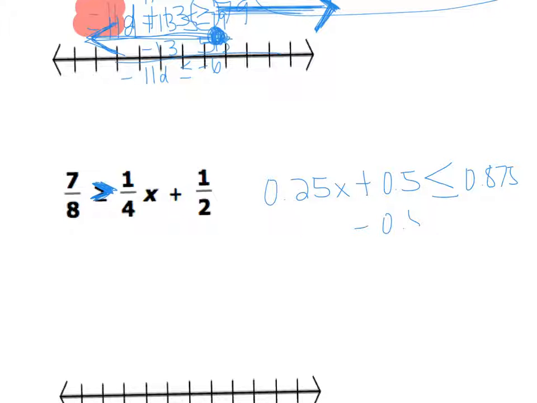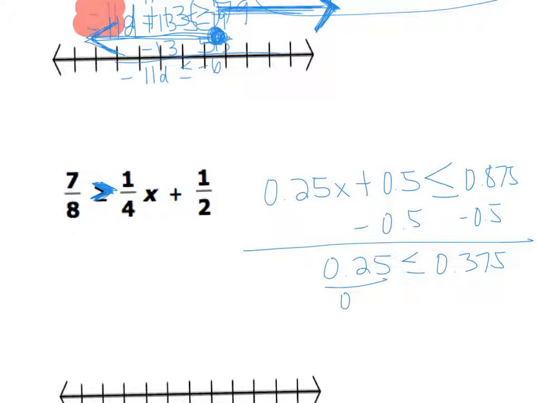So I'll subtract a half. And 0.875 minus 0.5 is 0.375. And I'll divide by 25 hundredths. Oops, forgot my variable. So x is less than or equal to 1.5.